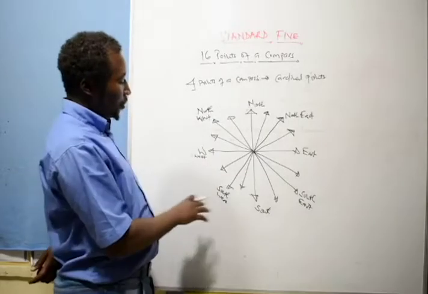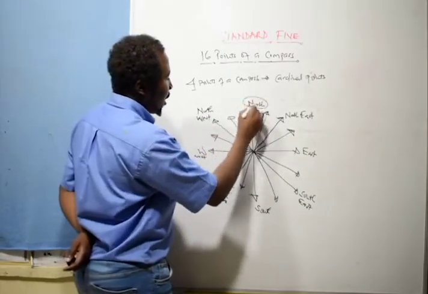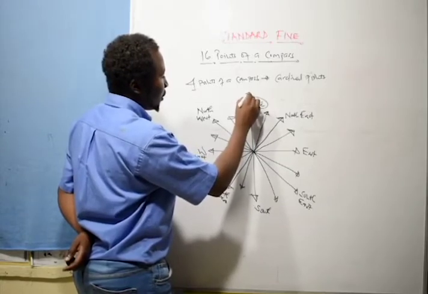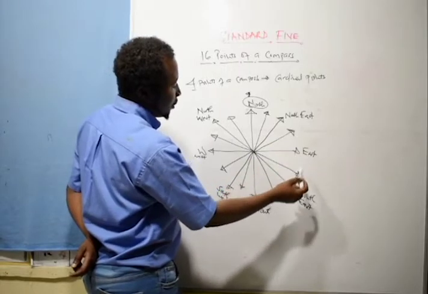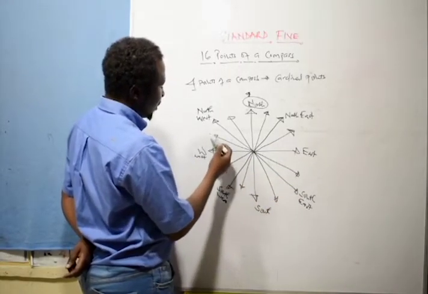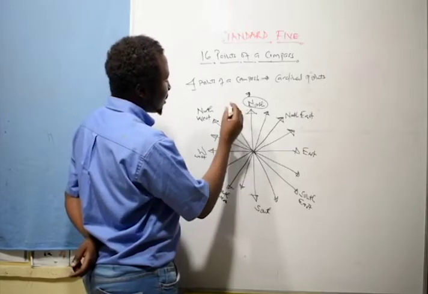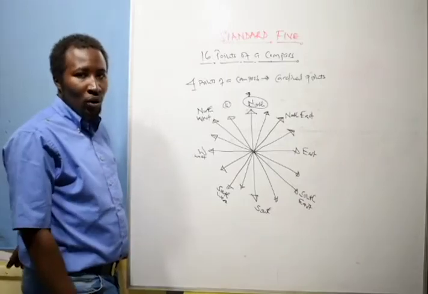Now, can we count all of them to see whether they're adding up to 16 points? We start with the north as the first. So we say 1, 2, 3, 4, 5, 6, 7, 8, 9, 10, 11, 12, 13, 14, 15, 16. Now, this comes to a total of 16 points of a compass.